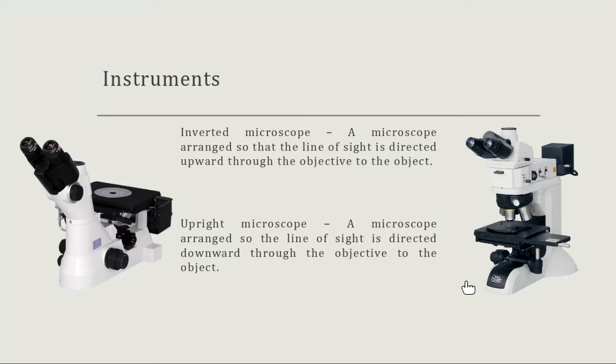I typically prefer the inverted microscopes for metallographic observation, and one of the biggest reasons is that when you are producing your metallographic mount, you put your sample face down onto the stage.